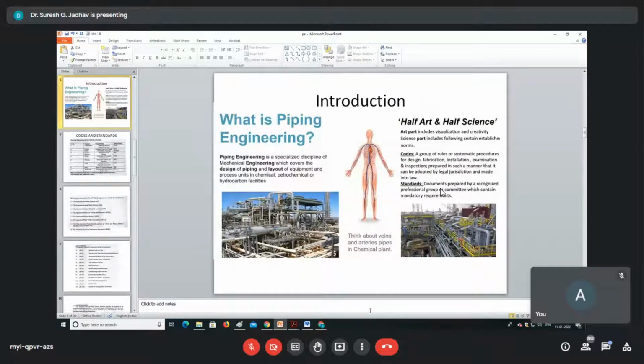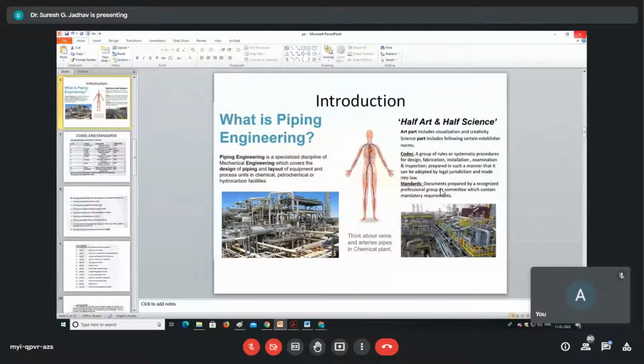Now we see the first topic: what is piping engineering. A piping engineer is someone who can install, repair and maintain pipes in chemical plants. That kind of engineer we call a piping engineer, who installs, repairs and maintains pipes in chemical plants, like ONGC, that is oil and gas, and refinery industries.